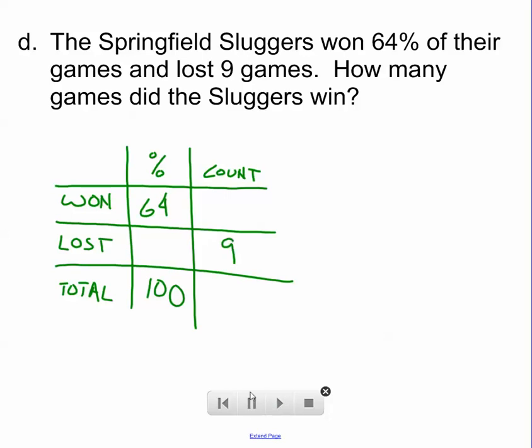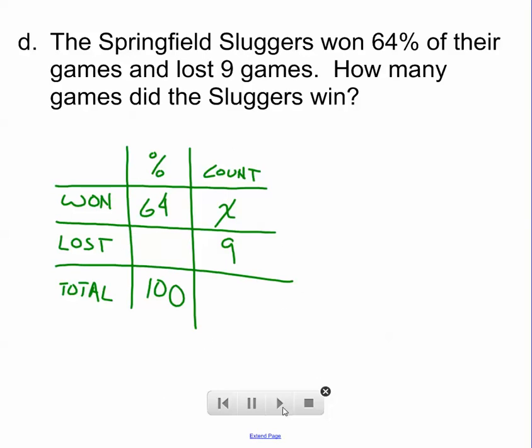Okay, so we are going to use that middle column, perhaps. How many games did the Sluggers win? So we're trying to figure out the number of games they won. So here's what we're working with here. We don't have any proportion set up yet.